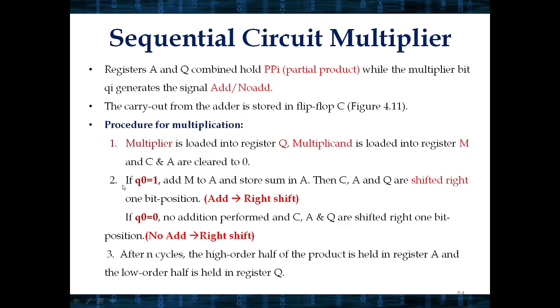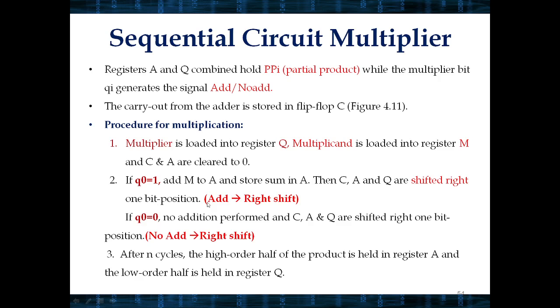In the next step we will check the Q0 value from the multiplier. If Q0 is 1, add M to A and store the sum in register A. Then carry, register A and multiplier register Q are shifted right 1 bit position.